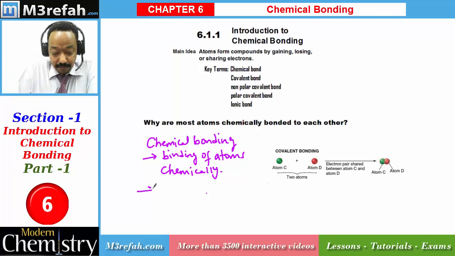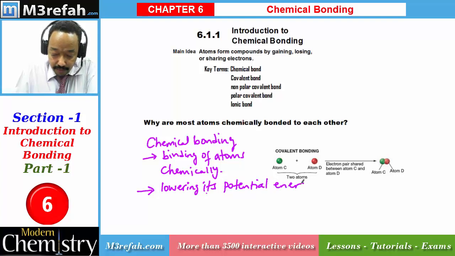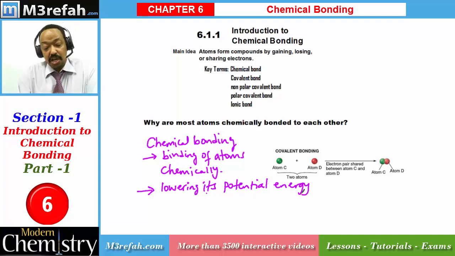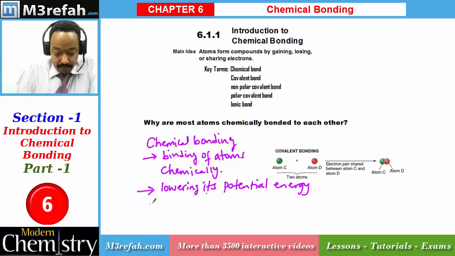Any chemical process ends up lowering its potential energy. So with this context, all atoms having high chemical potential energy need to come together in order to lower their potential energy. That's why chemical bonding happens.